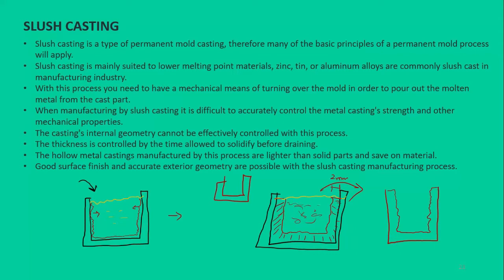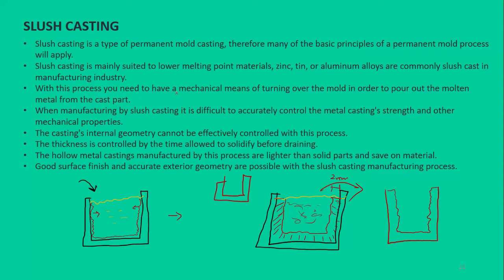So it is used for some low quality products like toys and some decorative pieces. As it says here, slush casting is mainly suited to lower melting point materials like zinc, tin, and aluminum alloys, which are commonly slush cast in the manufacturing industry.